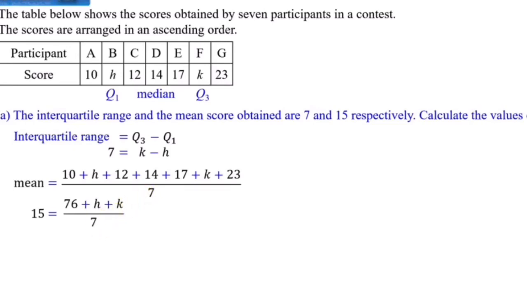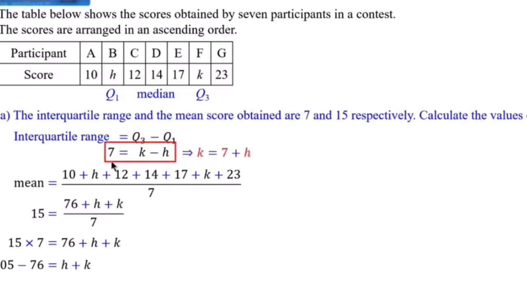So we will try to substitute the equation just now. Because we have 2 unknowns, so we have 2 equations. So we go back to just now the equation. We express K equal to 7 plus H. Then we will substitute K equal to 7 plus H into the new equation. So 105 minus 76 is 29, which is equal to H plus K. So when we see K, we substitute 7 plus H. So then now you can solve because you have one unknown for the equation.